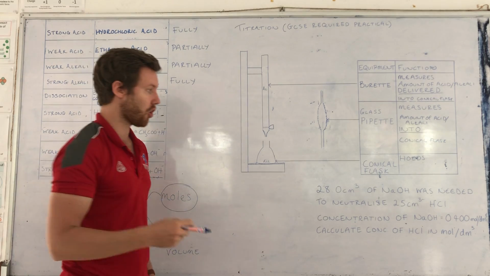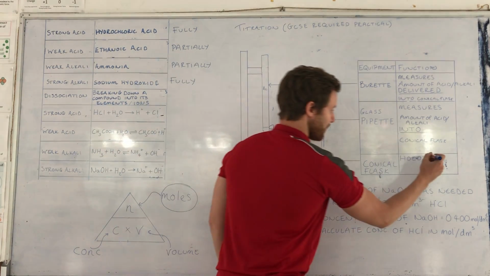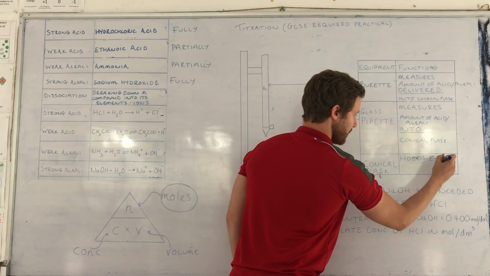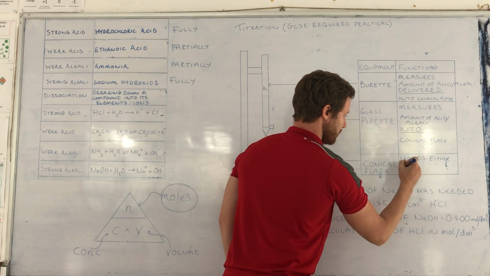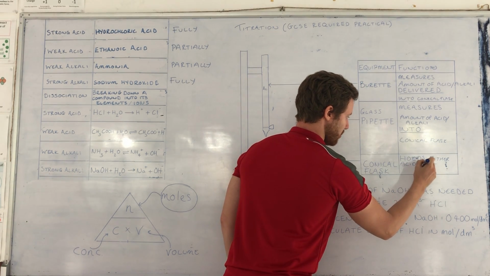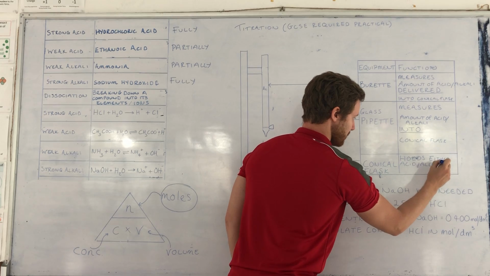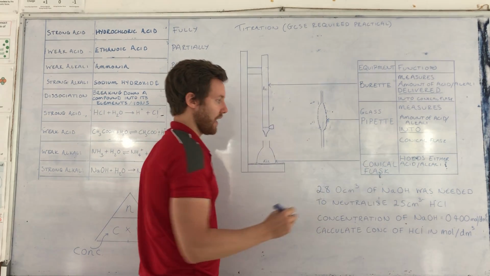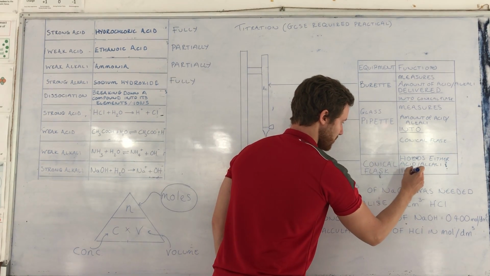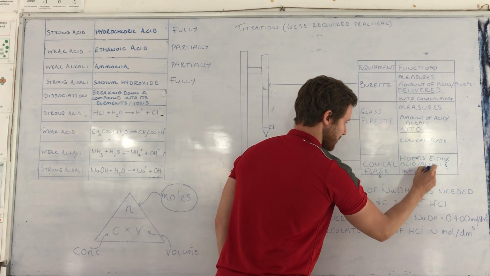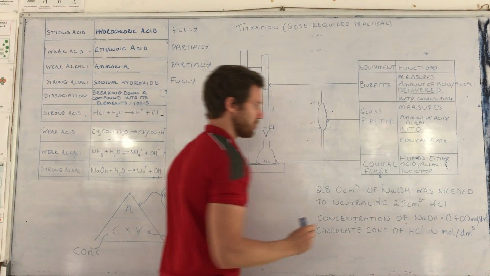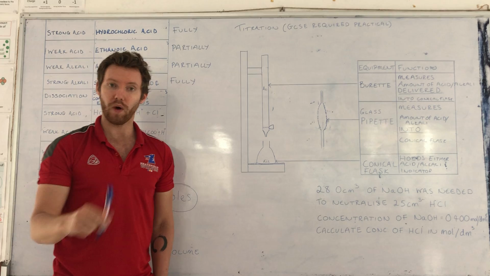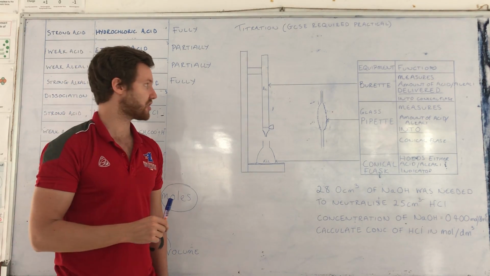And finally our conical flask is holding either our acid or alkali for the neutralization reaction. Why is it a neutralization reaction?